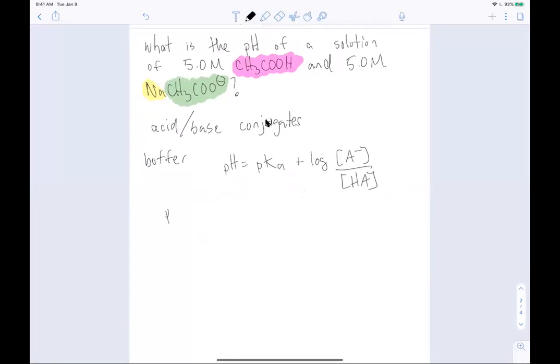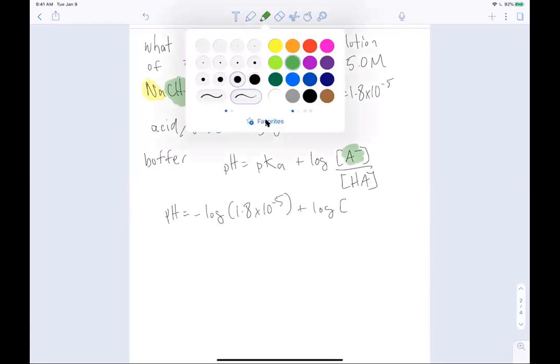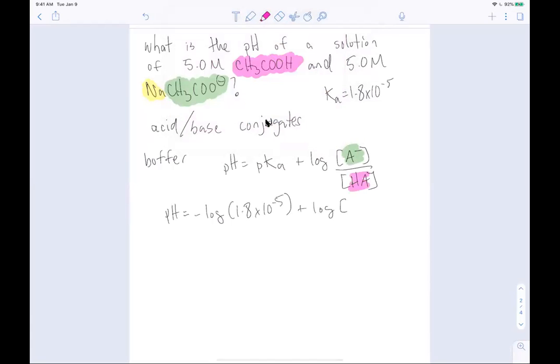So Ka for this is equal to 1.8 times 10 to the minus fifth. So the pH is equal to the negative log of 1.8 times 10 to the minus fifth plus the log of A minus, which is what's outlined in green up there, divided by HA, which I've highlighted in pink.